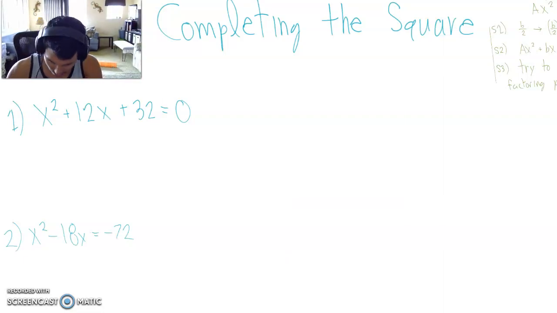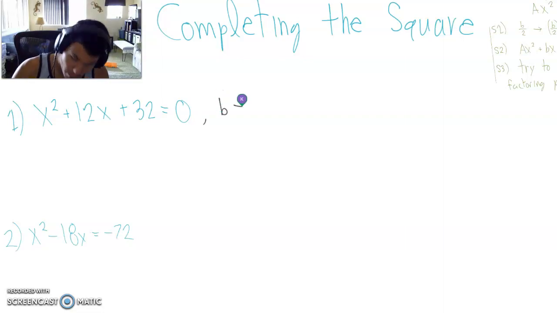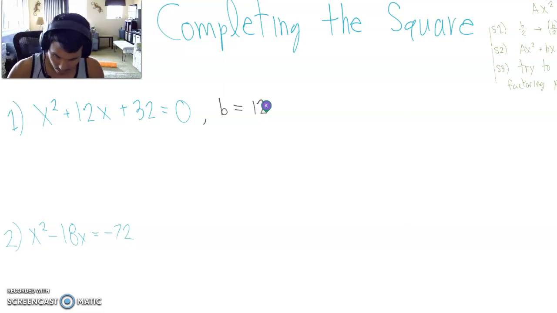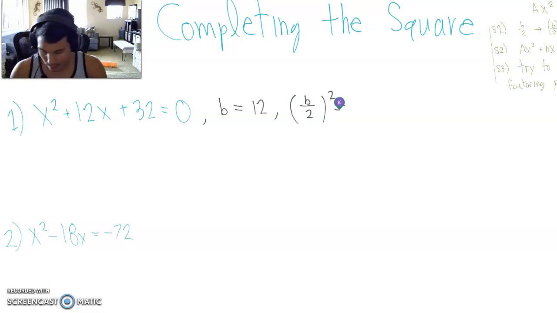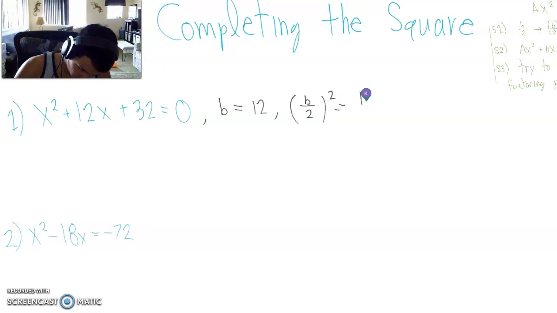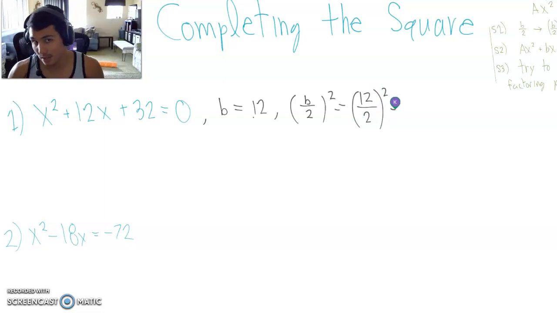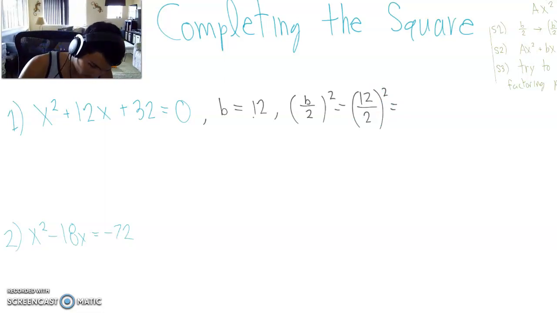Okay, well in this case, let's think about b. Well, what does b equal in for number 1? b is equal to 12. Okay, and then we go b over 2 squared, right? And then we see that that becomes 12 over 2. Oh, well, not 12 over 1. 12 over 2 squared. 12 over 2 is 6. 6 squared, 36.